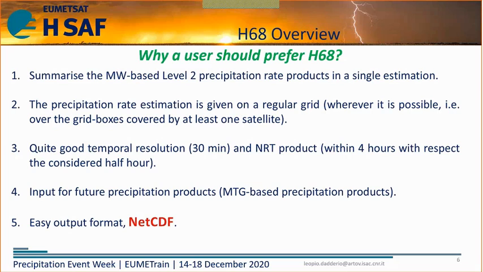So why should a user prefer the H68 product? Basically because it summarizes all the available microwave-based level 2 precipitation rate products in a single estimation. The precipitation rate is given on a regular grid whenever it is possible, meaning where the grid box is covered by at least one satellite.